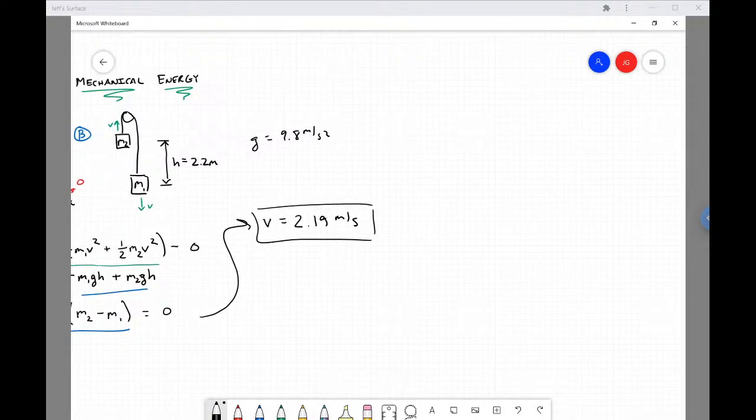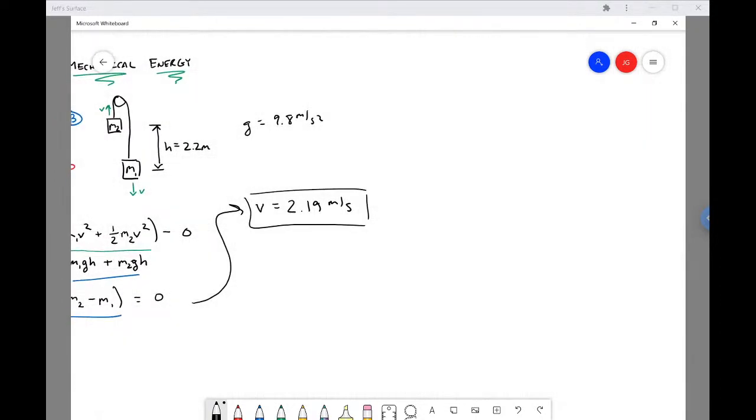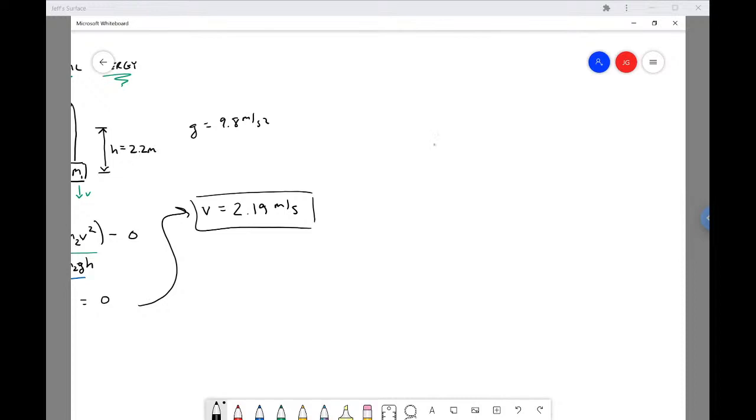Okay, so maybe what we'll do here is draw a new picture. Here's mass 1, drawn a little bigger, and it's falling, so it experiences a displacement delta y equal to 2.2 meters.